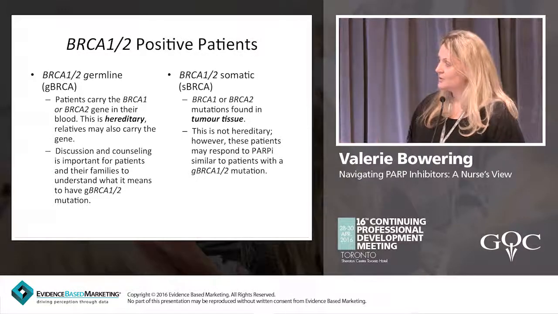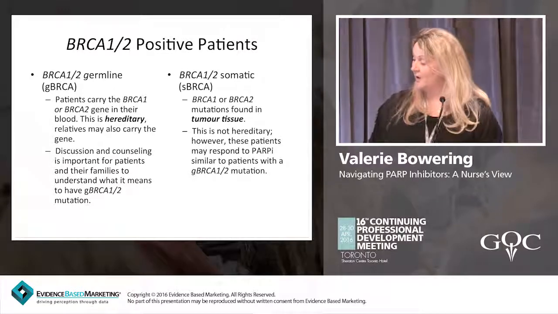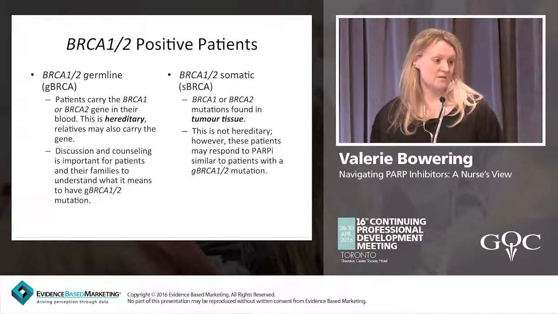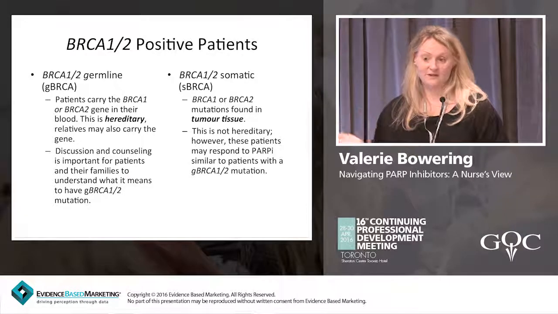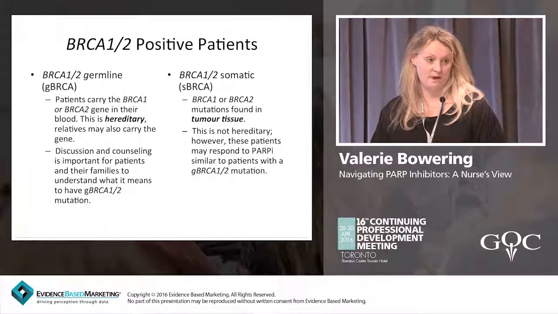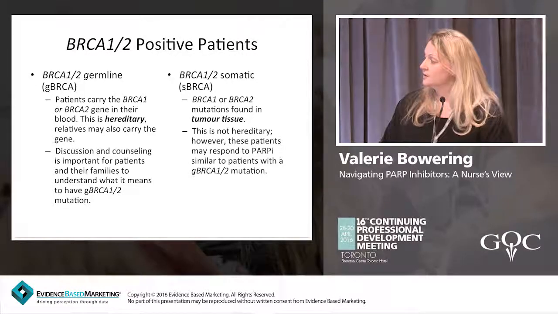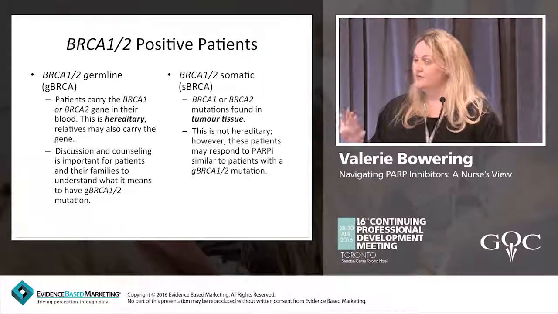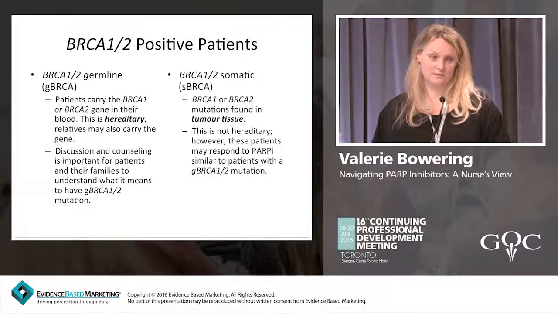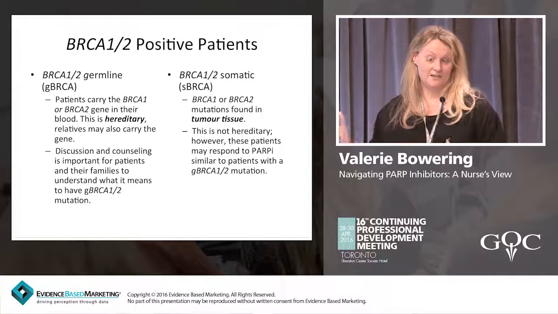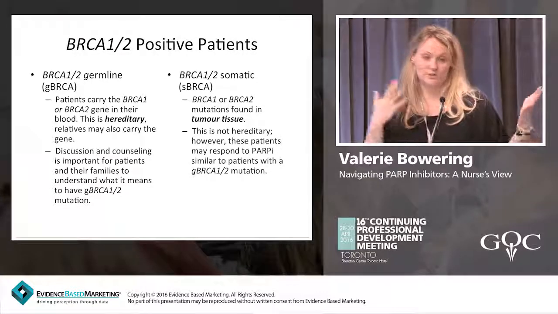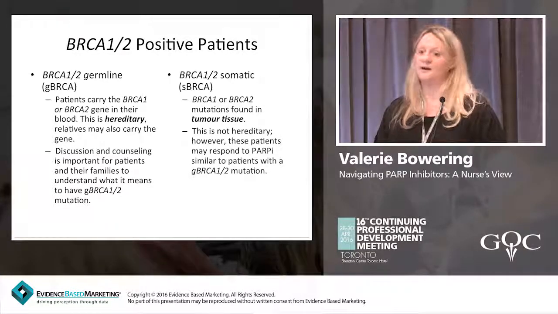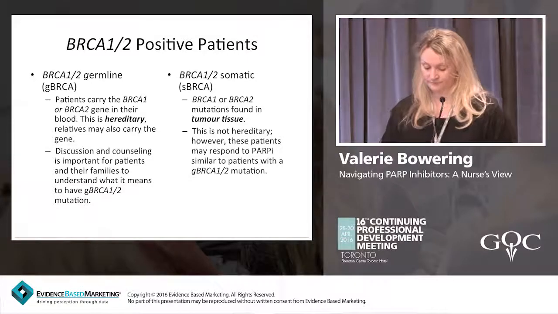But the thing about patients that have this somatic BRCA, they may actually respond to PARP inhibitors very similar to the way that patients with the germline BRCA respond. So again, it's a bit of a new concept, and it's still in the research setting, and I know that GOC is hopefully pushing towards having it all on pathology as well, so that will help patients in the future.